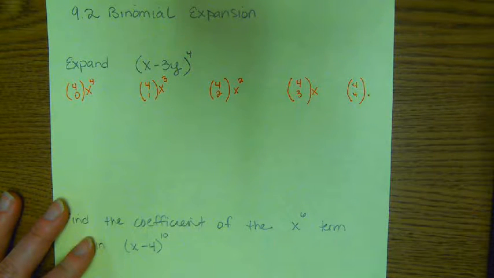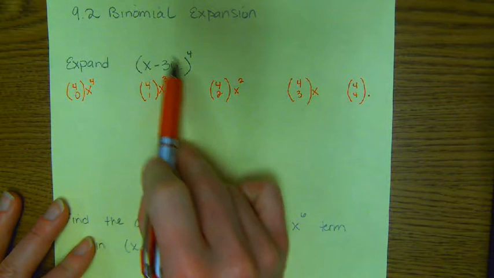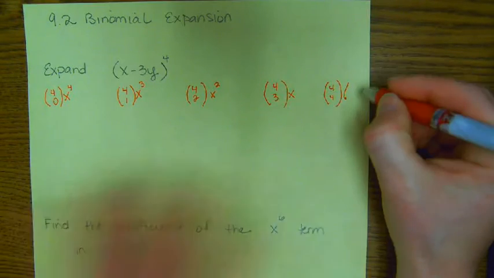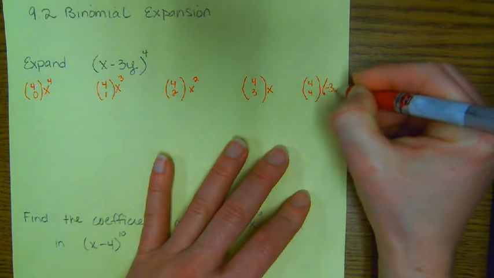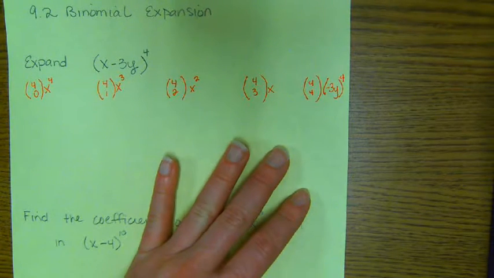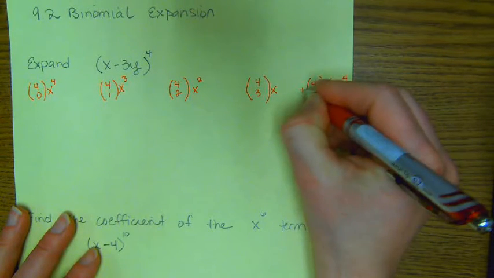Now this is where I want you to be careful. So the second term, if it's subtraction, we're going to treat it as a negative 3y. So this is going to end with a negative 3y, put a parentheses around the whole thing, to the 4. Put a little plus sign in front of there.